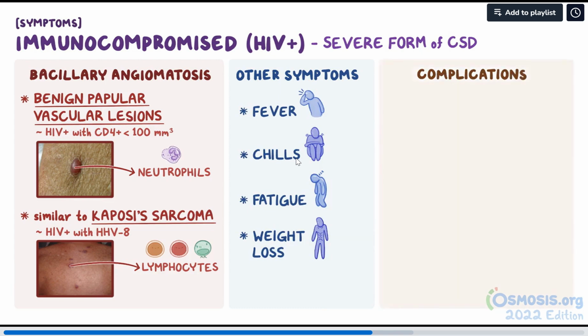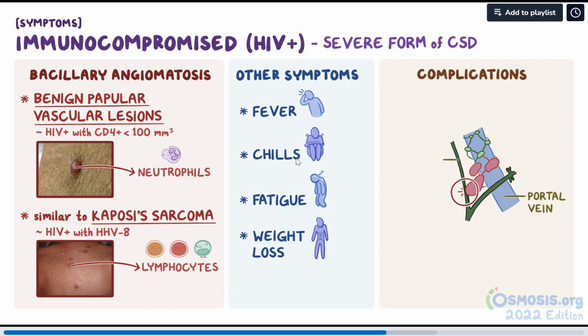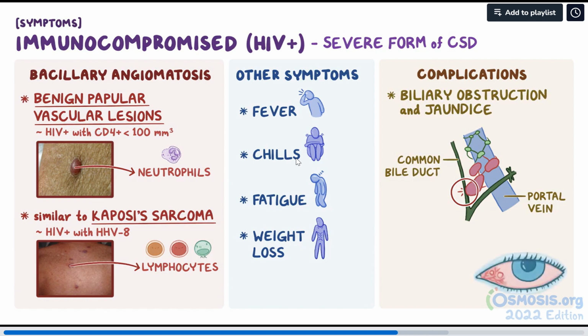Complications may arise from bacillary angiomatosis when the lesions cause disfigurement, or when the lymph nodes inside the body become enlarged. For example, enlarged lymph nodes around the portal vein can compress the common bile duct, causing biliary obstruction and jaundice. Finally, if an angiomatous nodule forms in one of the eyes, it could cause unilateral vision loss.